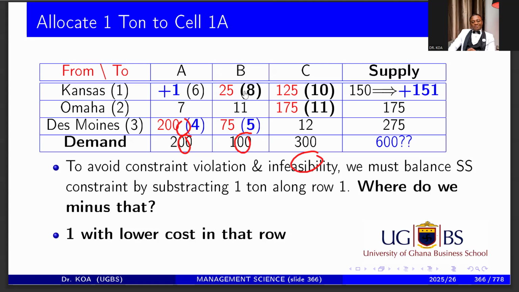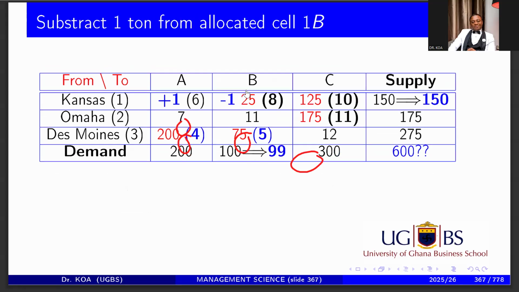The next one with the lowest cost will be the 8. So you have to subtract 1 from the 8. So when you look here, you subtract 1 from this 8, which has 25 tons already. The moment you do that, you reduce the 150 down from 151, you bring it down to 150.